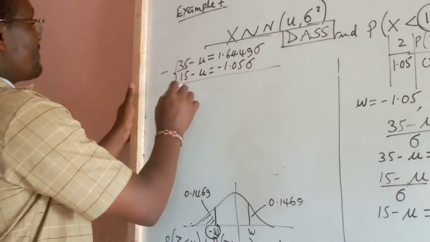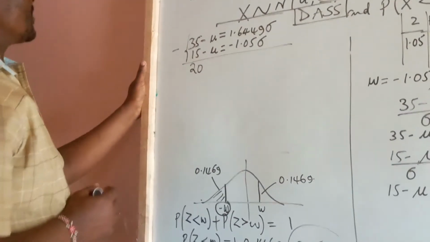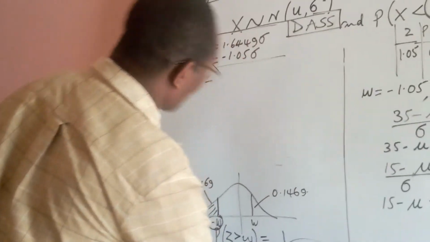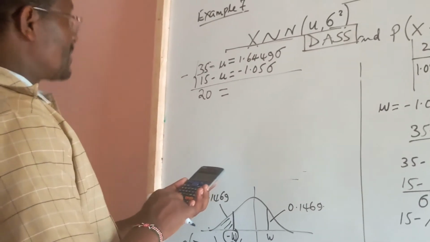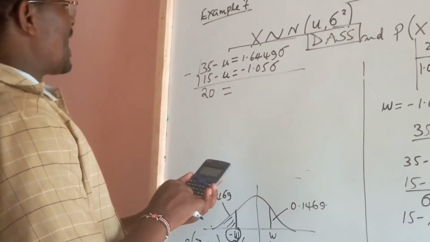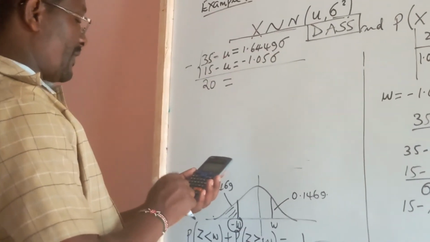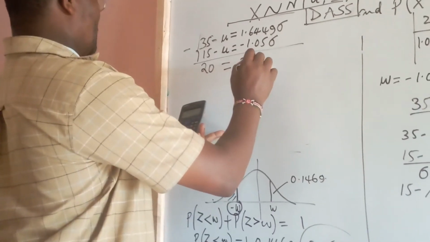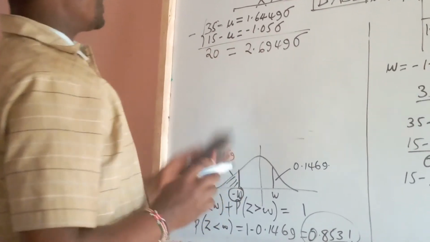That means 35 minus 15 is 20. This one is 0, equal to 1.6449 minus minus, meaning plus 1.05, which will give us 2.6949 standard deviation.